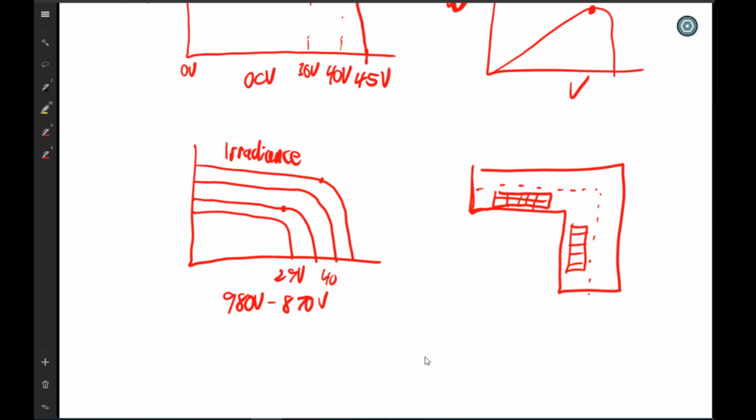And we didn't do microinverters, we did a string inverter off to the utility. Let's say we did a string inverter.